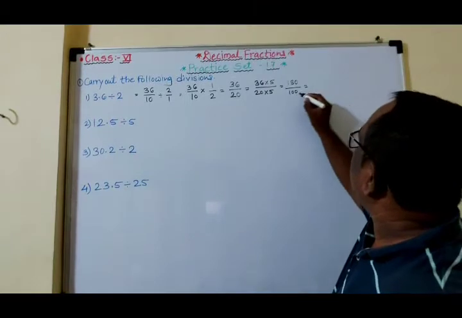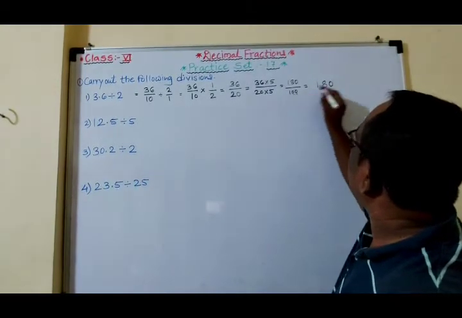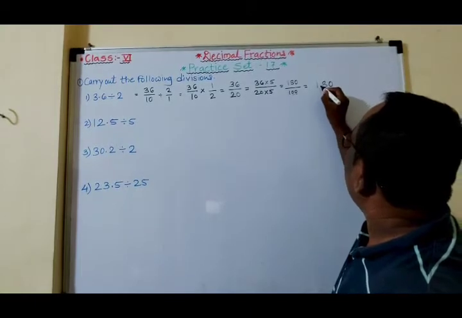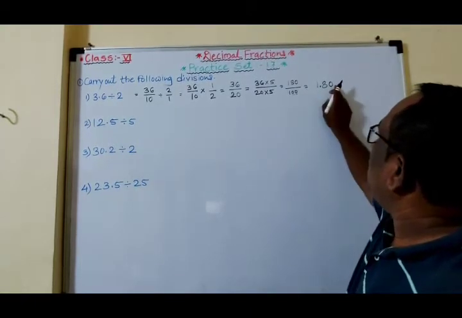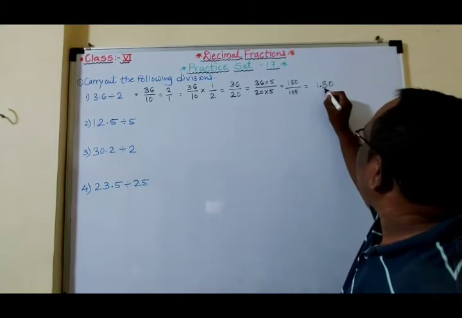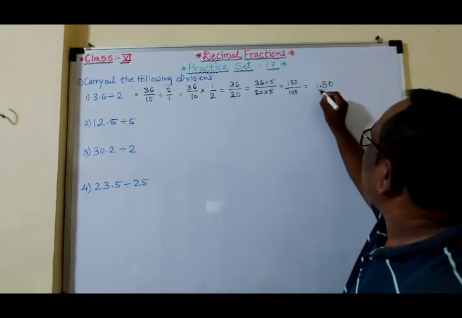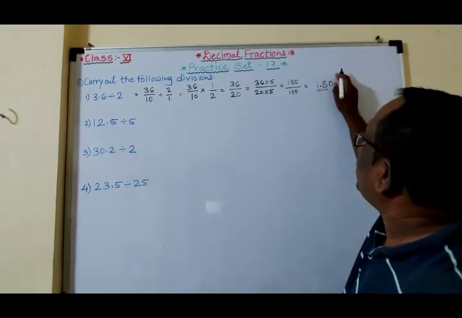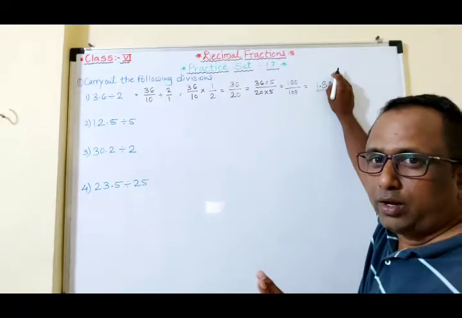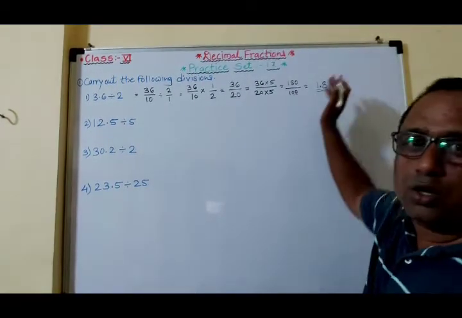Now here two zeros, we have to write the 180, and the two zeros means 1, 2, and give the decimal point. Okay. From unit place 1, 2 digits we have to move, and then we have to give the decimal point. So answer is 1.8 or 1.80. I told you before also, 0 has no value. Okay. So if you write 1.8 or 1.80, no problem.